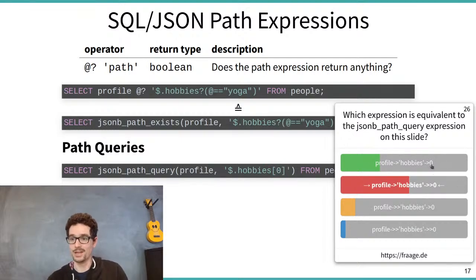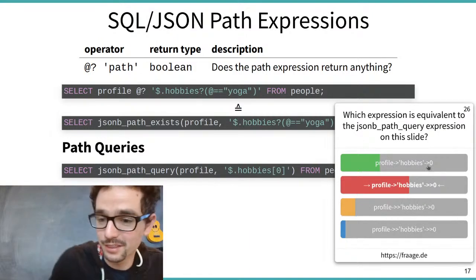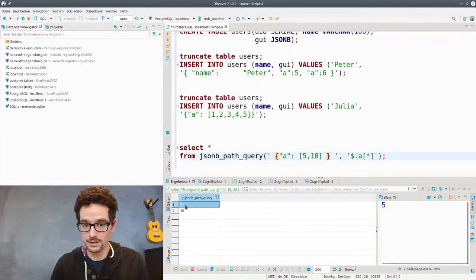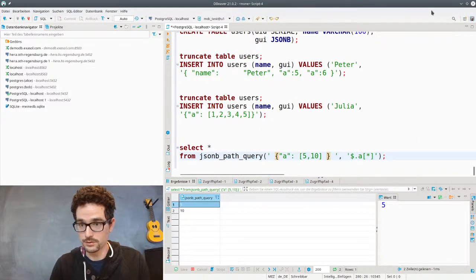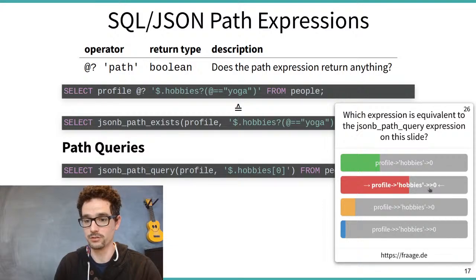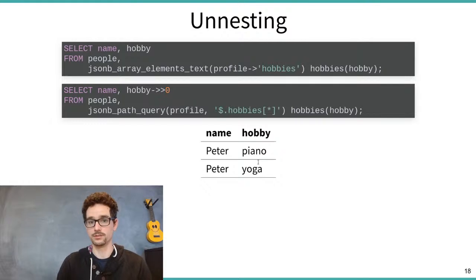But yeah, both the green and the red ones are basically correct, because it's hard to distinguish now. Only the result type is different. I would recommend this syntax here when you write such a query, so that you don't have a JSON as a result, but the hobby as a text.